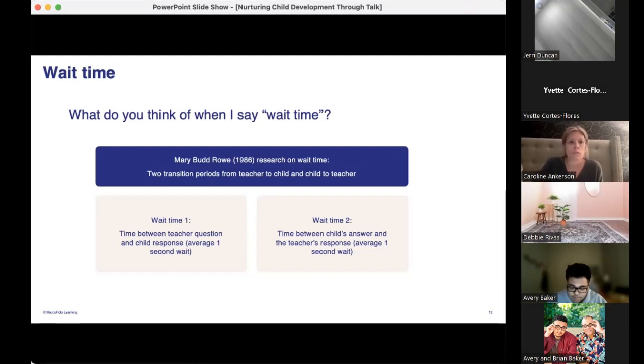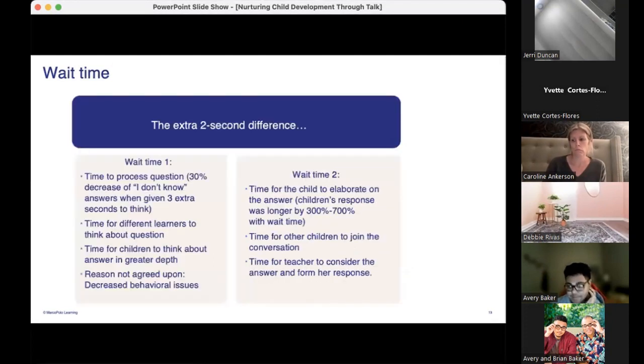What you'll find is that when you wait after a child has given you the first sentence of information, the child will actually elaborate on what they just said, right? Because you've given them extra time to think. So instead of just saying, I went to grandma's house, she has a new dog. The dog is white and it goes really fast.